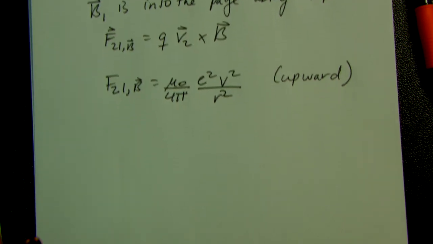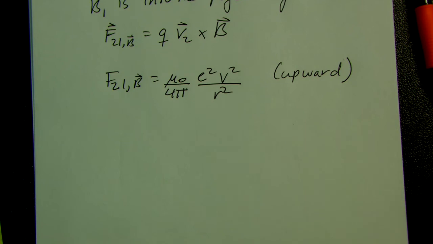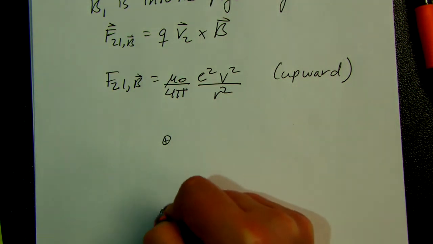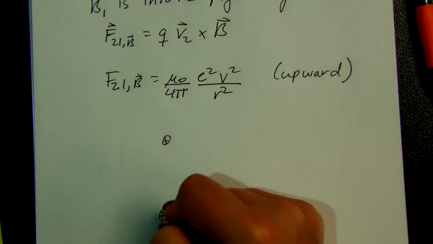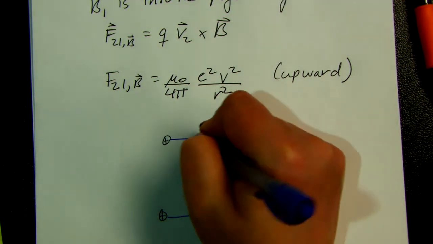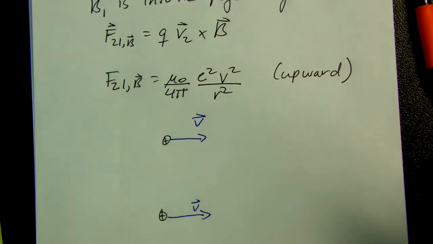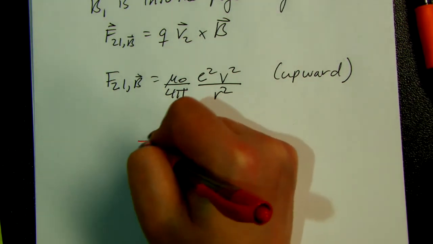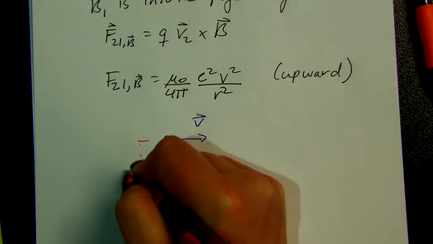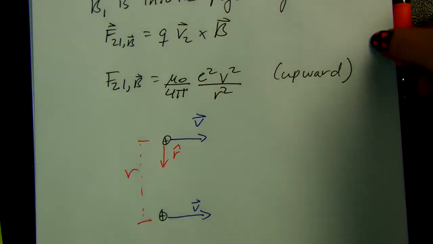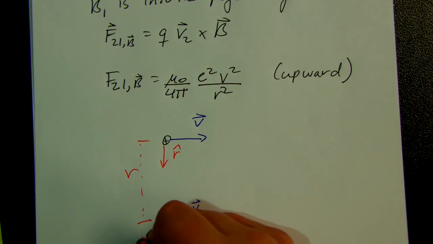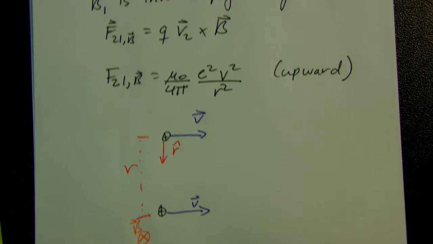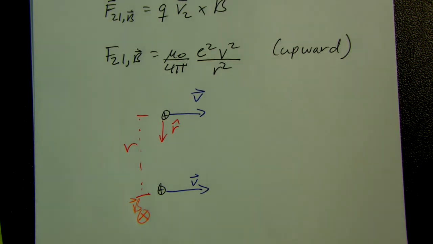Okay, so let's go ahead and draw another diagram and update everything. So we've got our two little protons that are traveling with v. We've got our unit vector between them. And so we've got our magnetic field B1, and we can see the sign there, it's going into the page.